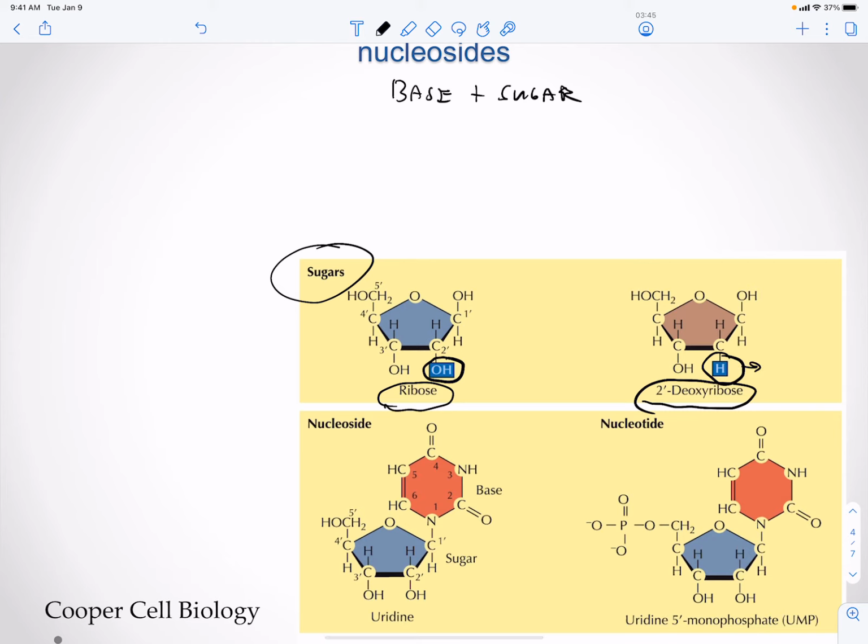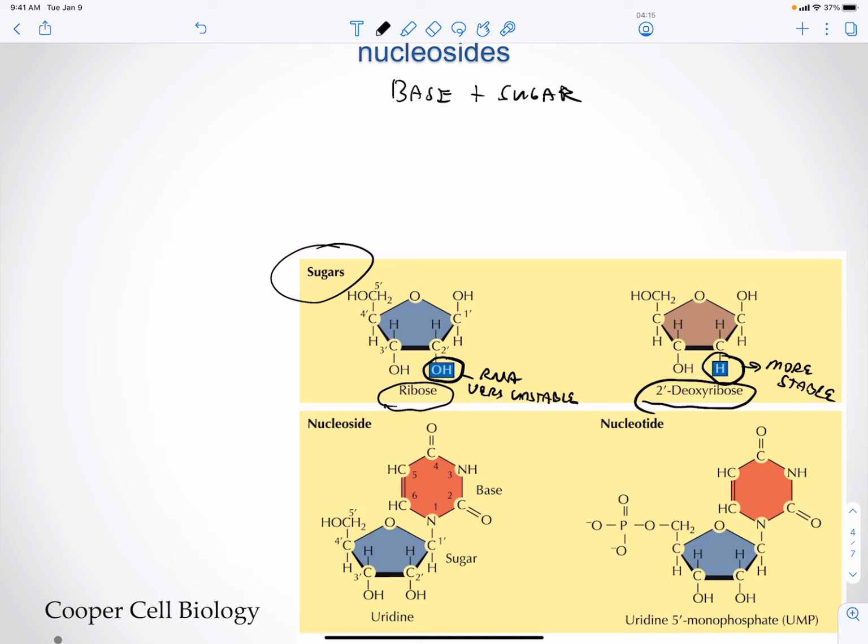This makes DNA more stable, just having that simple change. And this makes RNA very unstable, which is important for the function of the molecules. DNA is supposed to make sure we have fidelity within our code. RNA is only supposed to be made for a short period of time as needed by what we need for our proteins.